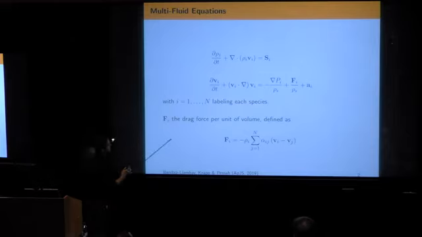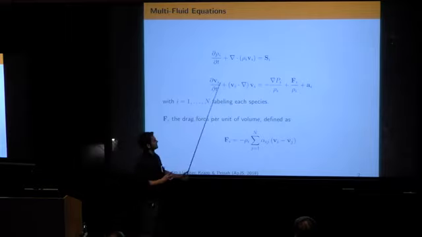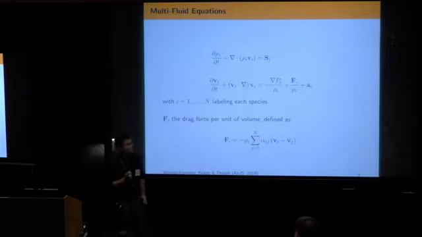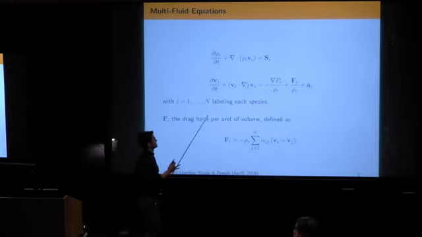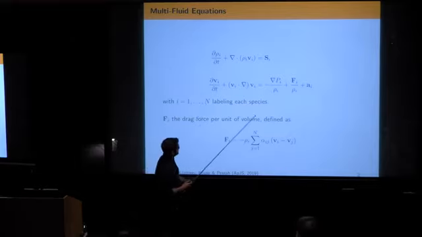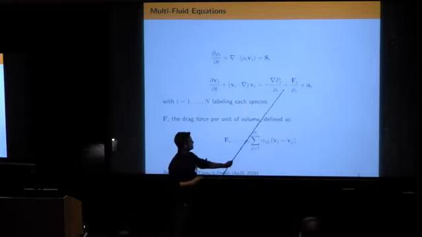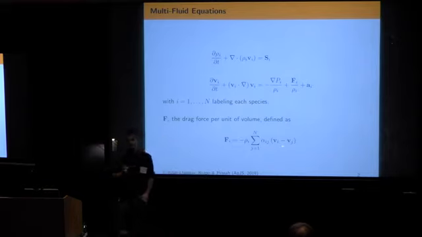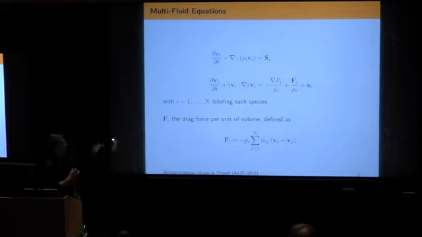Basically, in the continuity equation, what we could have is a mass transfer between different species. And in the momentum equation, I want to keep your attention on the momentum transfer between different species. So I'm going to talk about that.